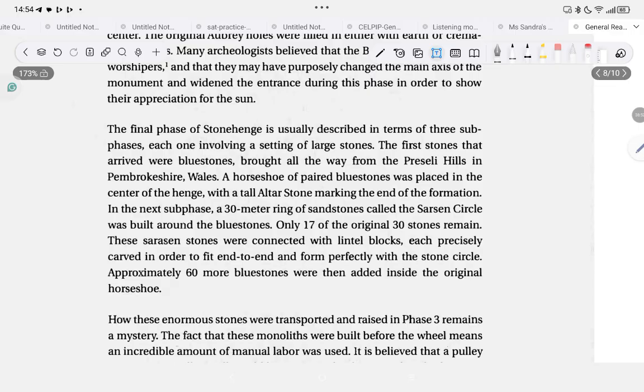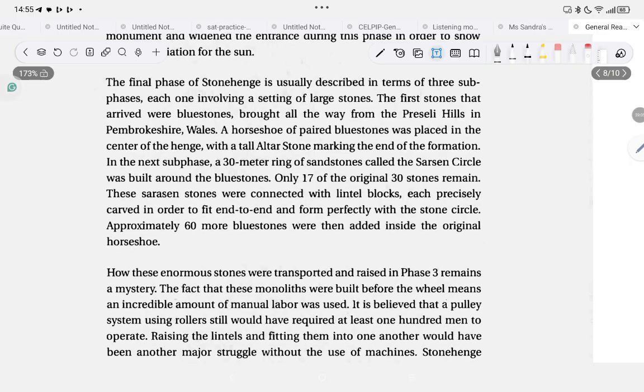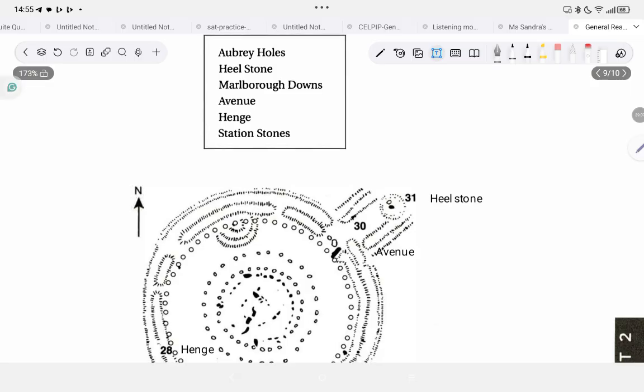That's strange. Okay, I found it. A horseshoe of paired bluestones was placed with a tall altar stone marking the end of the formation. I said it was not in phase three, so you see why it's not good to assume. So that's final phase three. That's C.